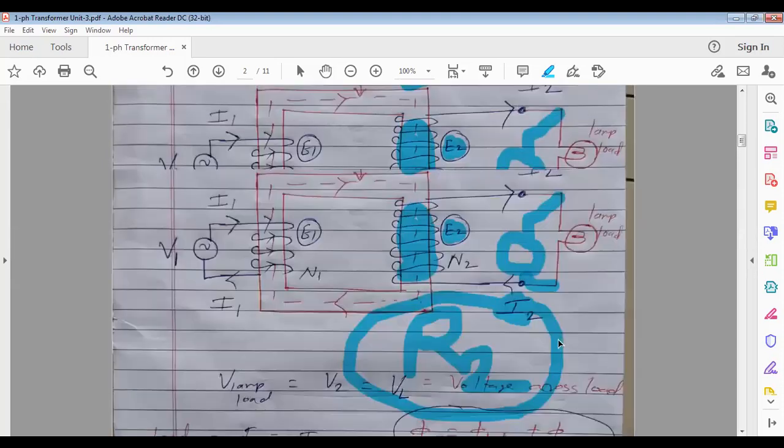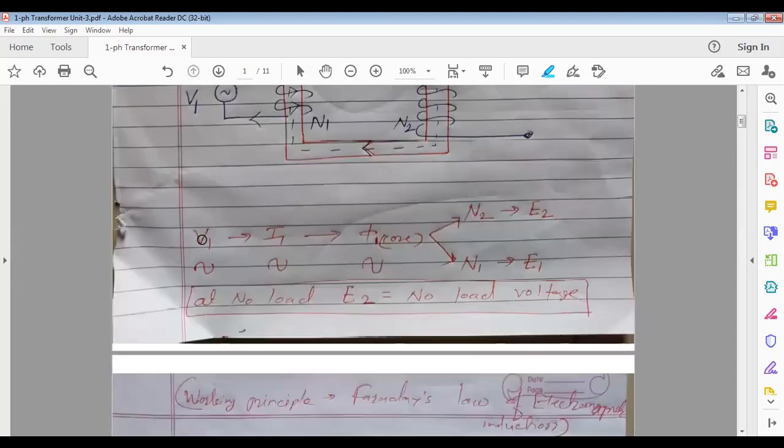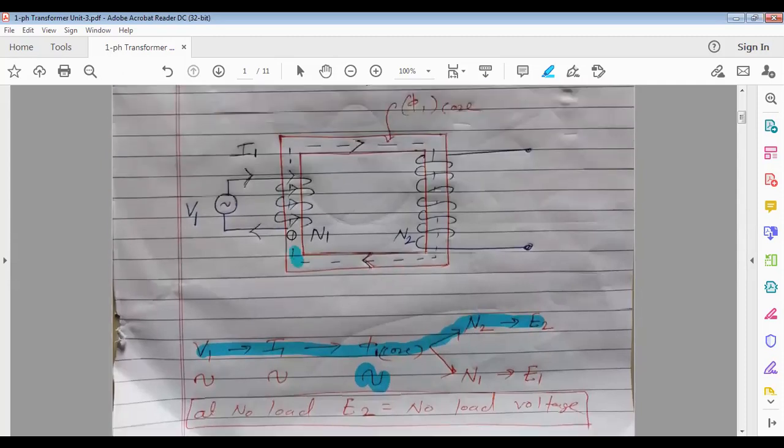Now what is happening on primary side? See, V1, I1, flux, N2, E2. This one part we have finished. Now the same alternating flux, this is the alternating flux, is completing its path through the core. Is this alternating flux coming in contact with this N1 number of turns?